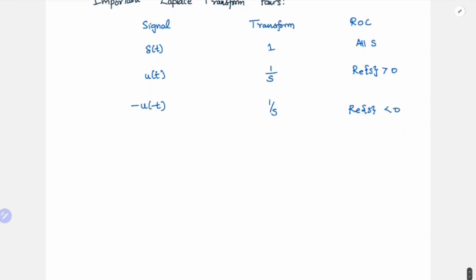Then my next one, again we saw this one, t power n minus 1 by n minus 1 factorial u of t. This one was 1 by S power n, and my region of convergence was the same. Opposite to this we have u of minus t.